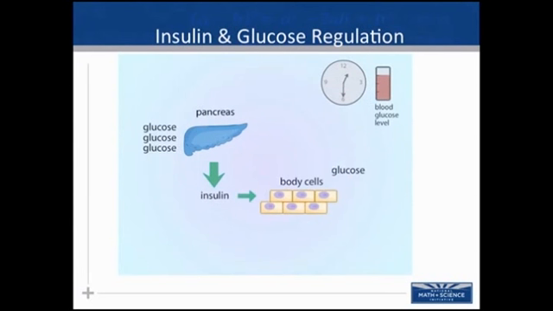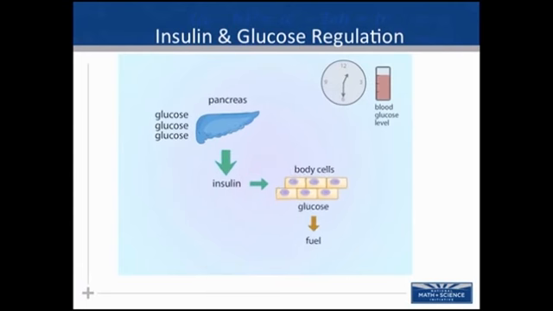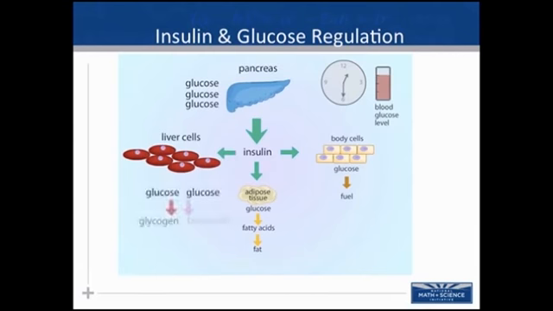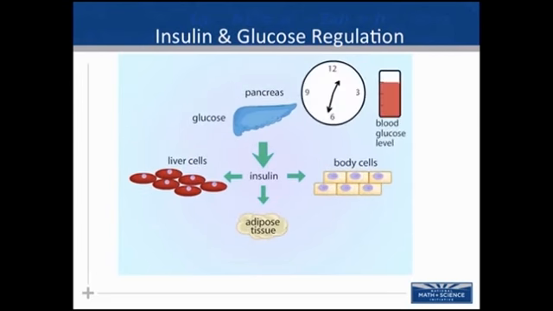Many cells, like muscle, burn glucose for their metabolic fuel. Fat cells in adipose tissue use glucose to make fat. Liver cells convert glucose to glycogen and fat. As the afternoon passes, the cells continue to take up glucose, and blood glucose levels decrease.